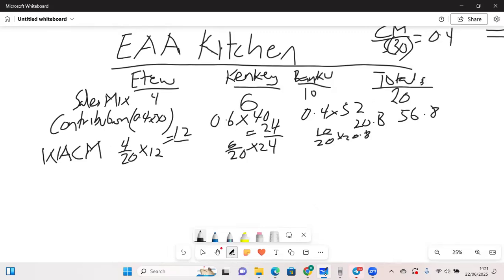And this is what we are getting for each: 2.4, 7.2, and 10.4. So in total, we are going to get 20.